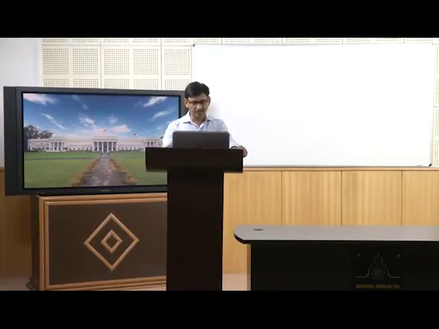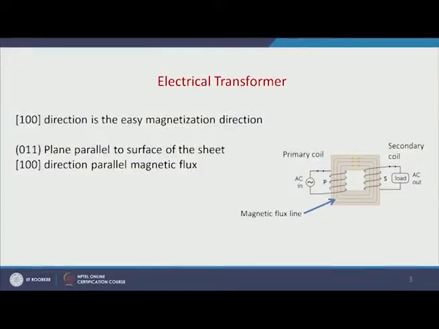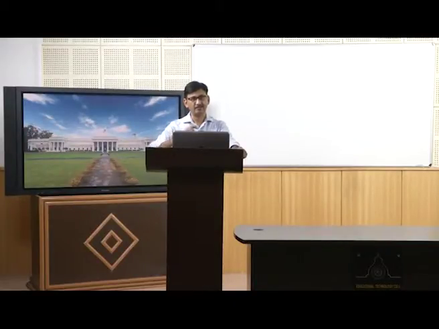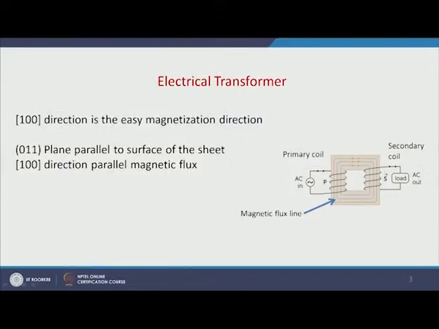Another example is the electrical transformer. If you know the electrical transformer, this is a laminated core, these are primary coils, these are secondary coils. During AC current with a 50 hertz cycle, the polarity changes from positive to negative 50 times a second, and because of that there is an induced flux through the core, which flows as shown by these lines, and that induces the current in the secondary coil.